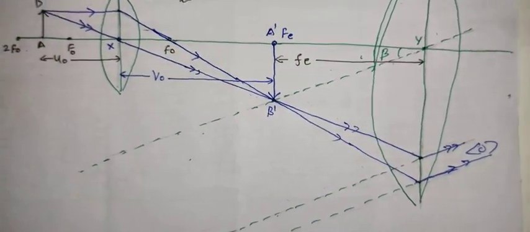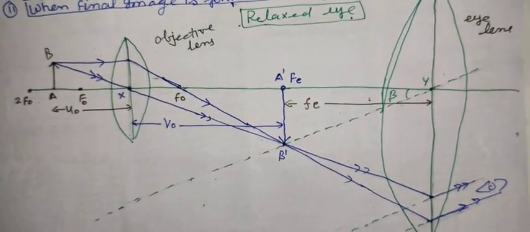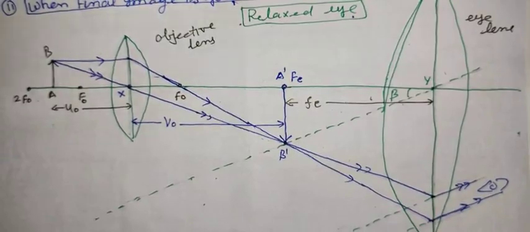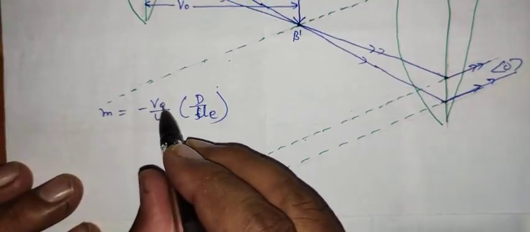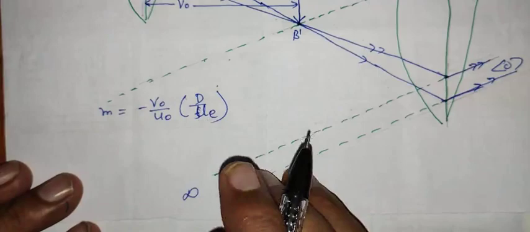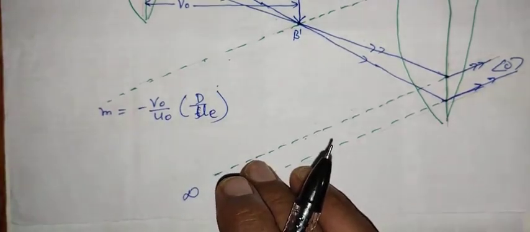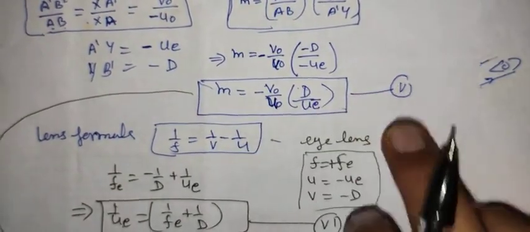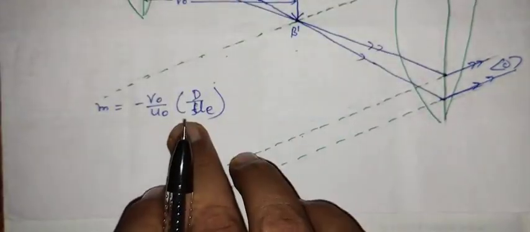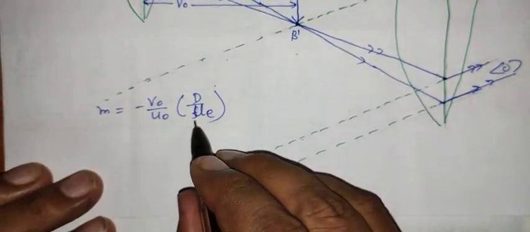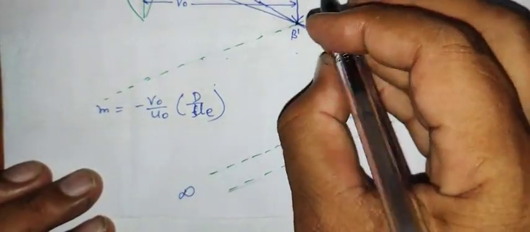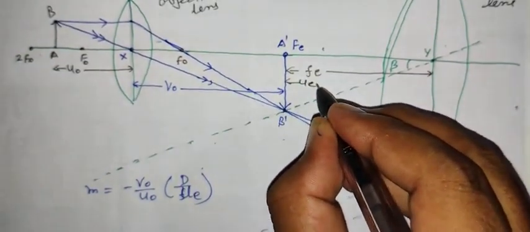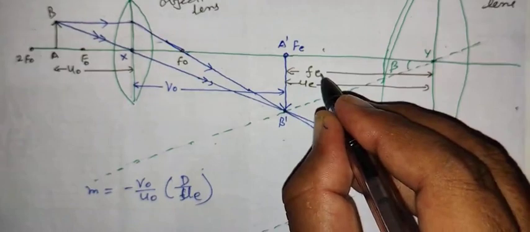So see what the formula for magnification will be in this case. The general formula is m is equal to minus Vo by Uo into D by Ue, right? It is given in equation number 5. The same formula is here. Now one change is required: in place of Ue, it is Ue equal to Fe.